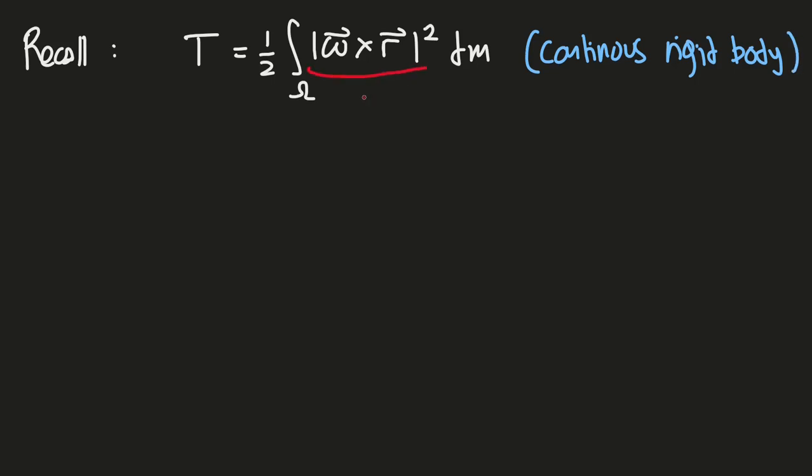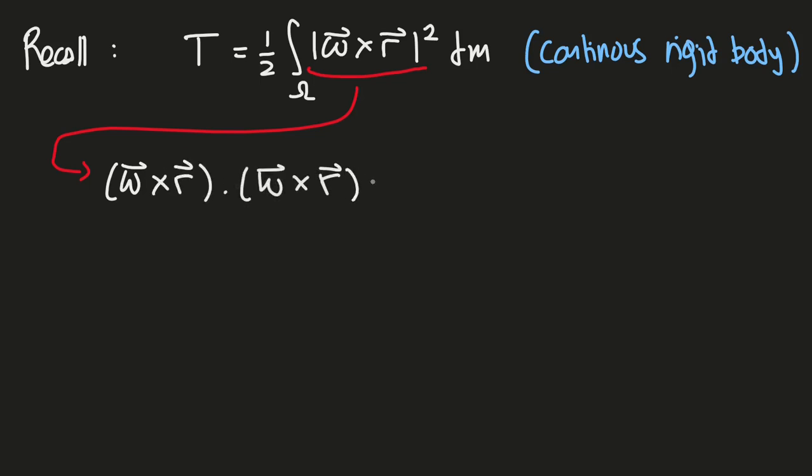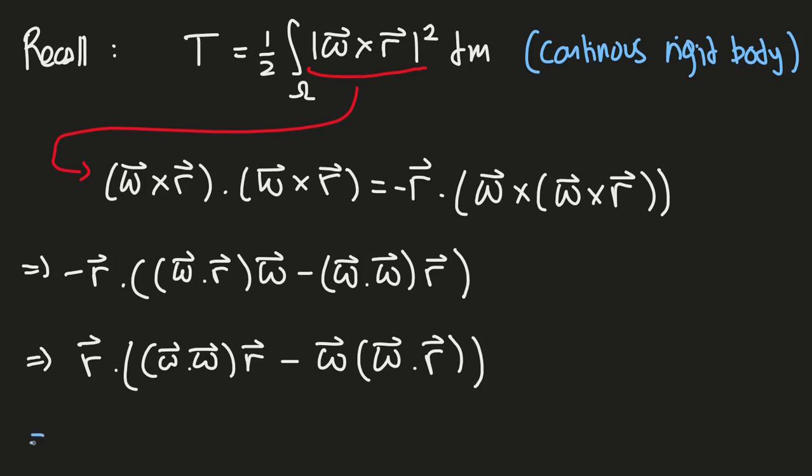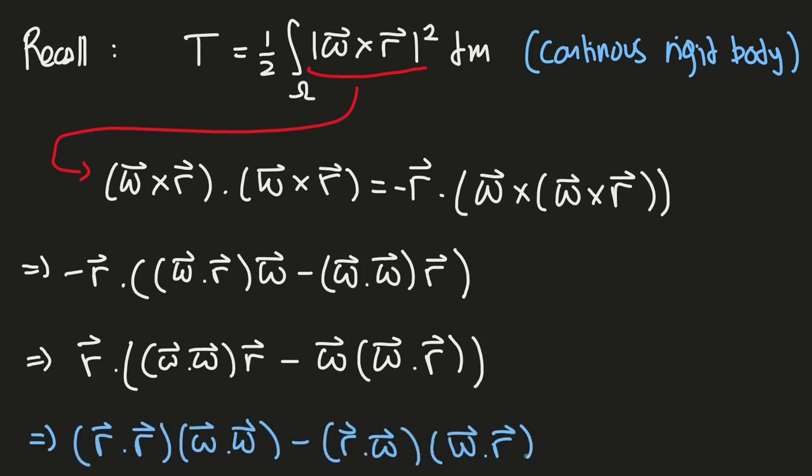But now we are interested in this inside integration term, whose dot product will lead us to this form using the triple product for scalar and vector, and by some algebraic manipulation we will get the result in blue like this.